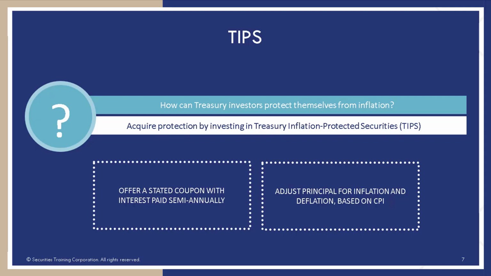The CPI stands for the Consumer Price Index, which is a measurement of prices. So this is how we generally measure inflation, by looking at the Consumer Price Index. So what happens is your principal gets adjusted based on the rate of inflation.